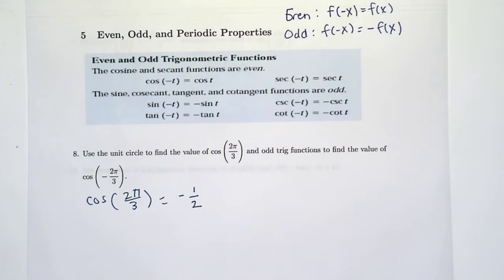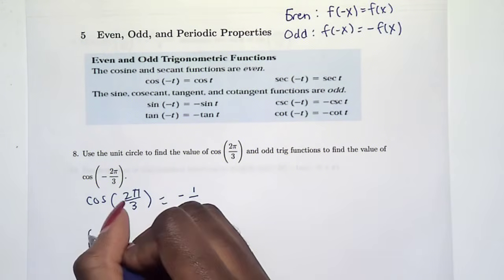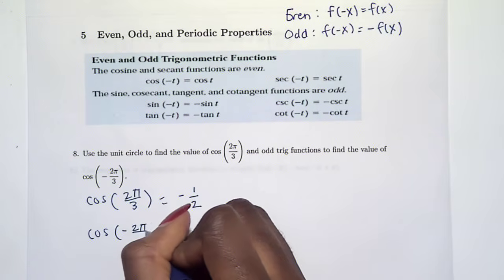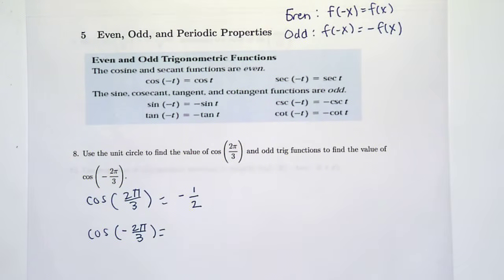Now we can understand cosine of negative 2 pi over 3 just by using the fact that cosine is an even function. In the past, we would see that negative 2 pi over 3 is not on the unit circle, and I'd have to add 2 pi, find a coterminal angle, and figure out what that trig function will be.